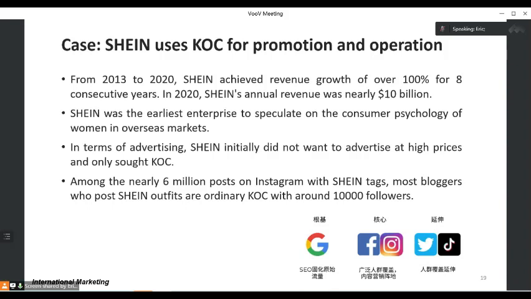So we find that there are about 6 million posts on Instagram with Shein tags. Okay. And these key opinion consumers have around 1,000, 2,000, 5,000, 10,000 followers, ordinary KOCs.